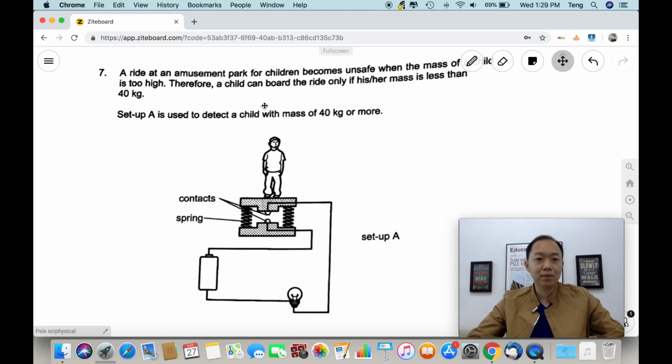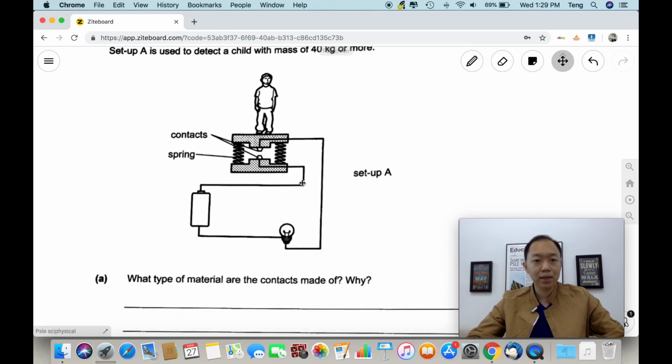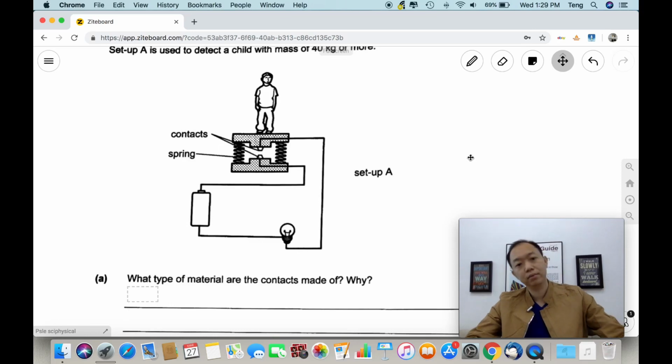The mass is too high, therefore a child can't board if the mass is too heavy. If it's too heavy, this part will connect and it becomes a closed circuit, and therefore this will light up. So for that to happen, metals, conductors of electricity.